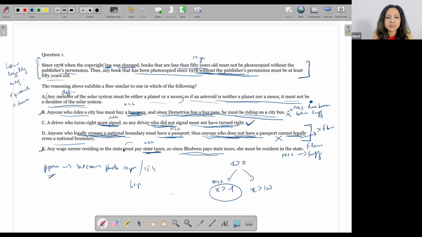It is just a must. It is just a necessary condition. So there is a flaw over here also. If we were asked to identify the flaw, it is that the necessary condition has been taken to be sufficient. So again, this is not the answer. And so we know that our answer is option C, right? Very, very clear that the answer has to be option C.